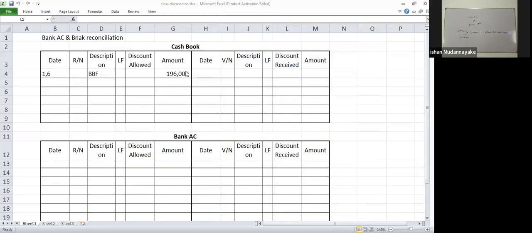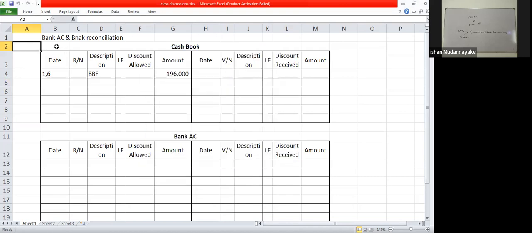My space is not enough. I think last day you prepared the structure of the cash book as well as the bank account.